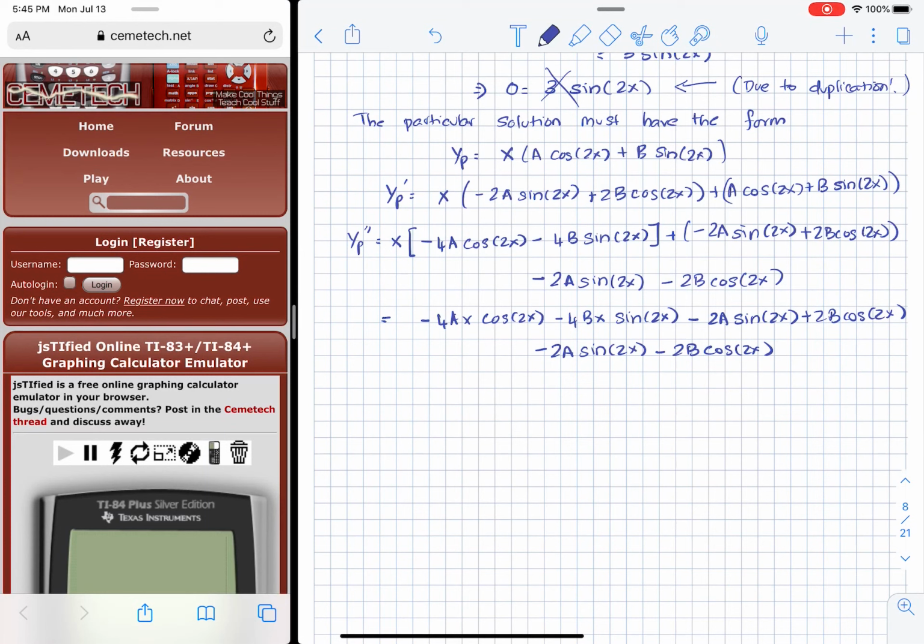And plug in yp double prime and yp in the original DE.